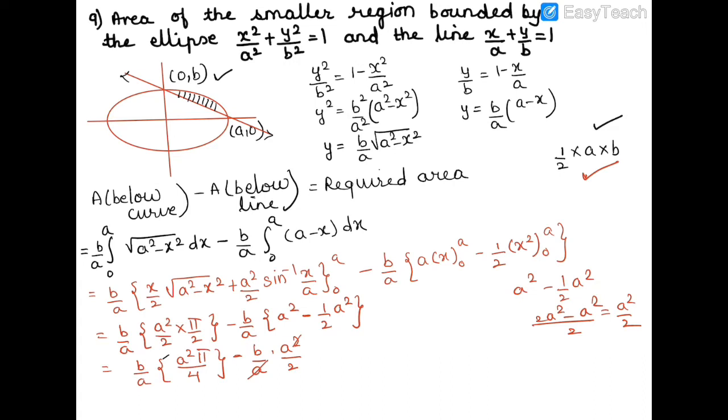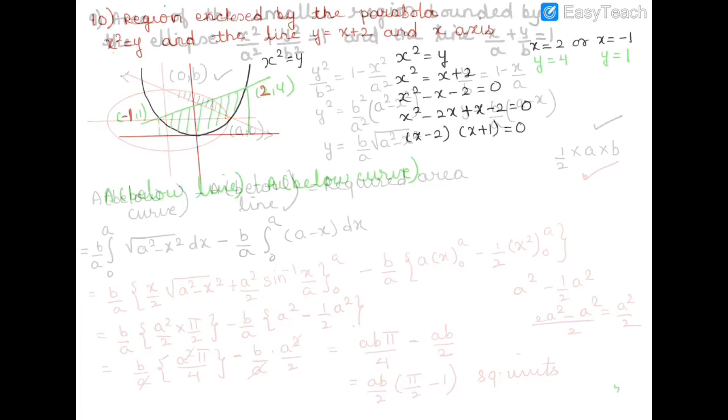I'm getting AB by 2 common, and one A is also getting cancelled over here. So therefore, we are going to get AB pi by 4 minus AB by 2. So I can take AB by 2 common, giving me pi by 2 minus 1 square units.